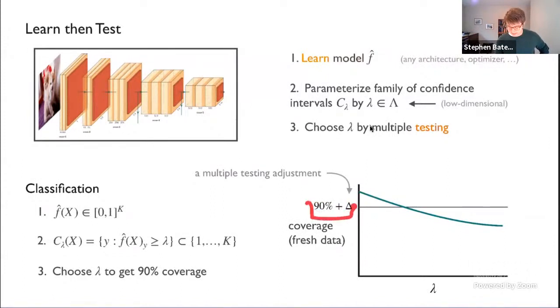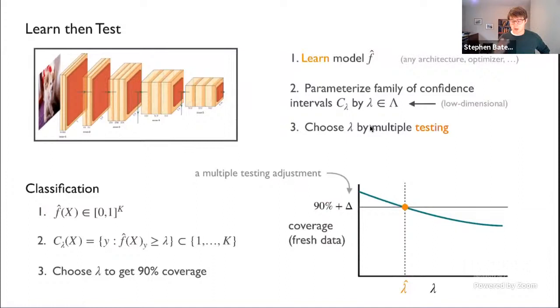I don't use exactly 90%. You have to adjust this based on statistical fluctuations. There's a small constant here that you increase in order to make this all statistically valid. But morally, what you do is you use some fresh data to tune the confidence intervals to have 90% observed coverage. So again, this is the point I see on my little bit of extra data where I got the right coverage, and I'm going to deploy that value of lambda on future data.